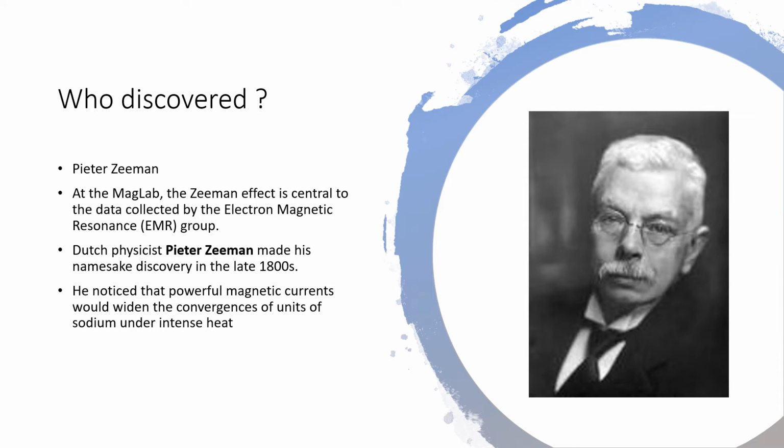Peter Zeeman was born in Zonnemaire, a small town in the Netherlands, and was a student of physics. He studied this in an electromagnetic resonance group, and he discovered this around 1896.